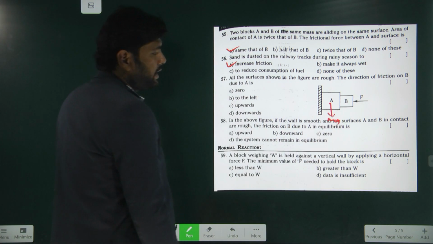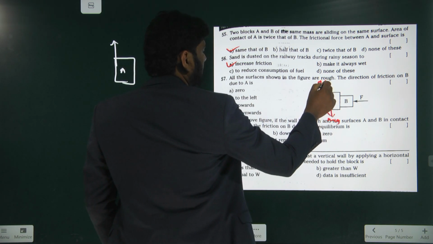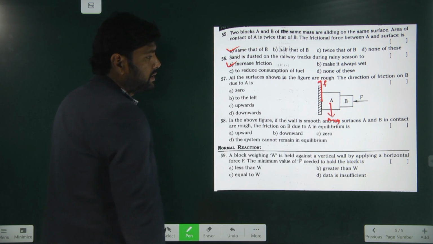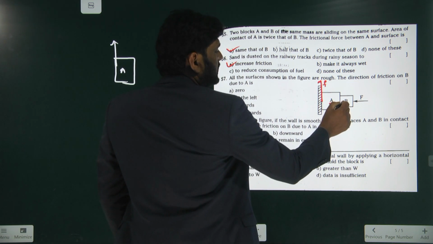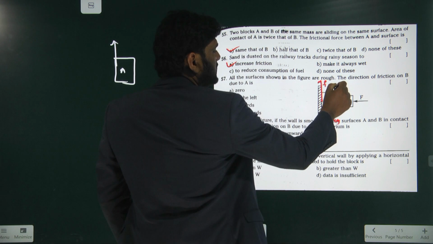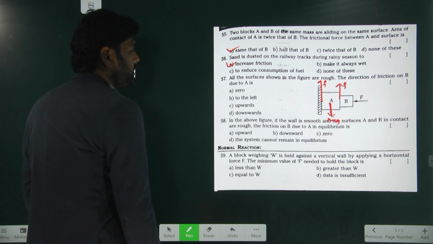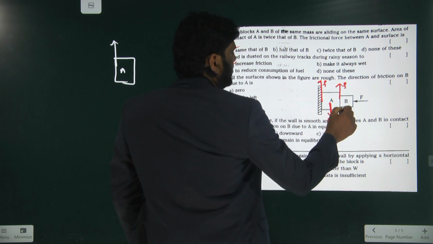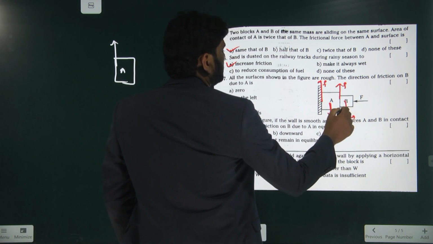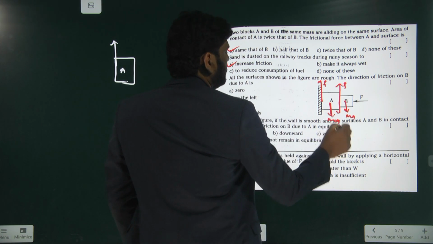When Mg is trying to act downward, the friction force acts in the upward direction by the surface. Even here, when this is sliding in this direction, friction is applied in the upward direction. Next, the Mg will act in this direction, so even here it would be in this direction.